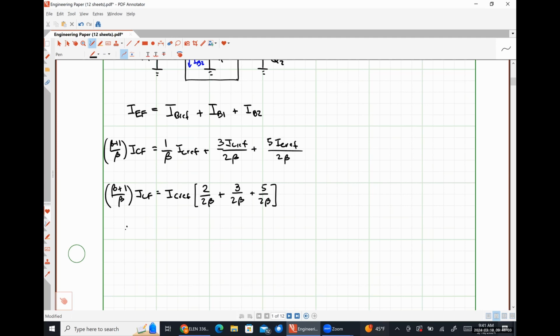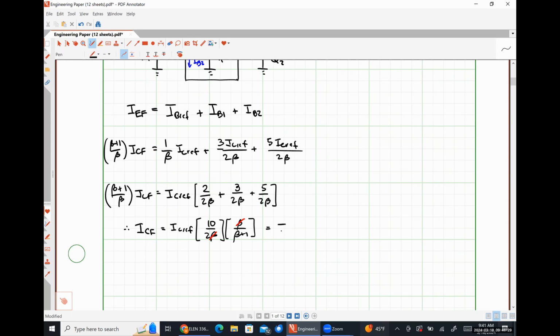And here we could say that ICF is then ICref times 10 over 2 beta times beta over beta plus 1. This beta cancels this beta, and 10 over 2 is just equal to 5.